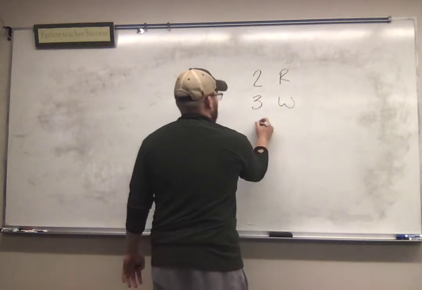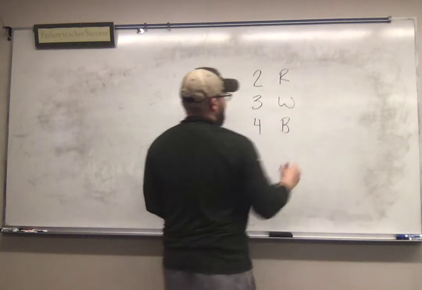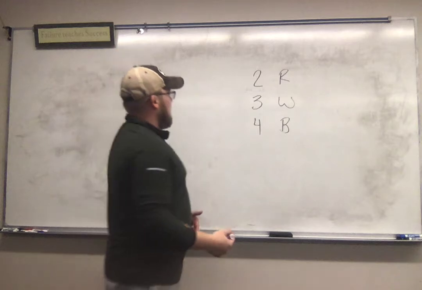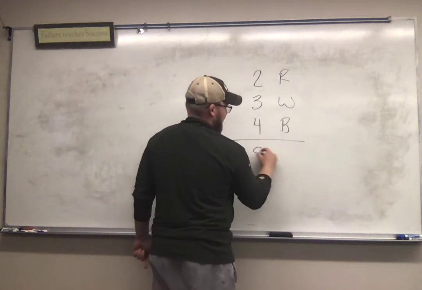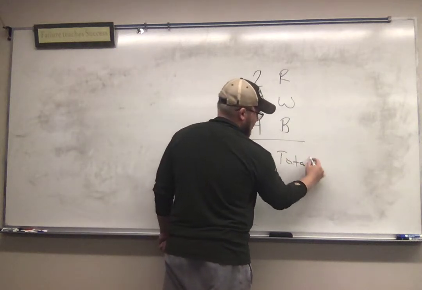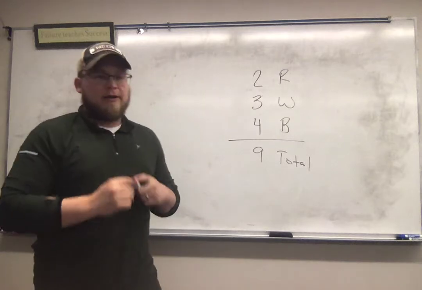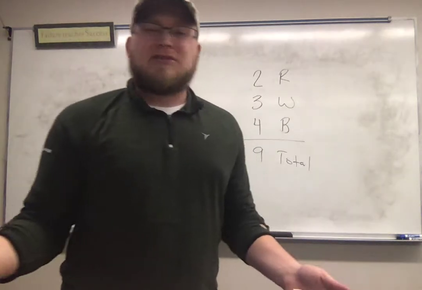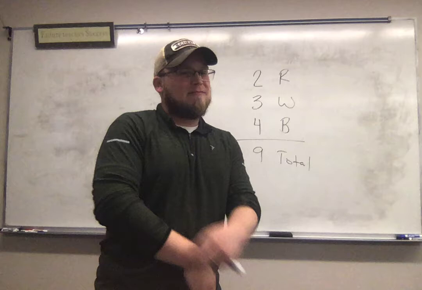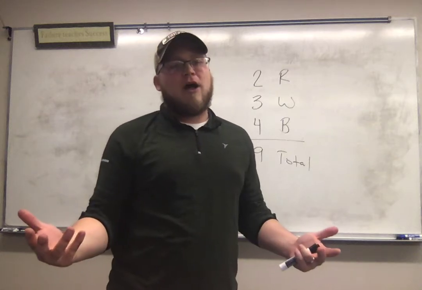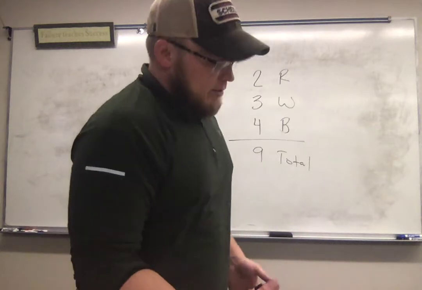Yep, 4 blue marbles. Okay, so that leaves a total of 9. 9 is the total, just so we're aware of that, okay? And when you write probability, normally you just write it in fraction. That's usually how it's presented, more often than not, okay?